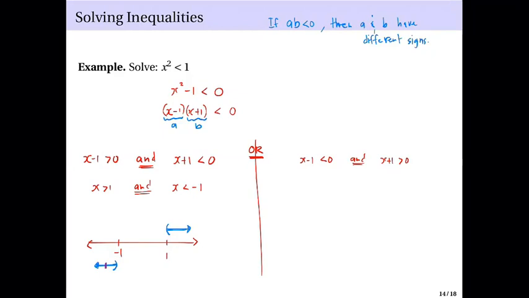Okay? If I get my x somewhere here, then this x is satisfied by the inequality x greater than 1, but not this inequality here. So this case here does not give us any solution. So no possible solution.